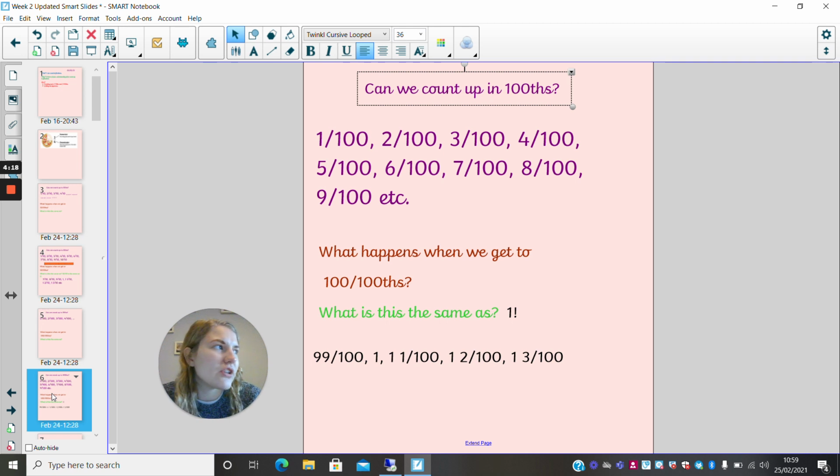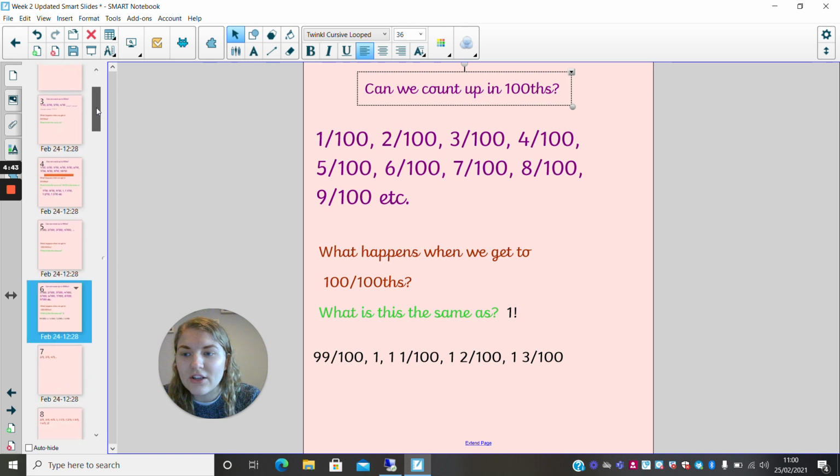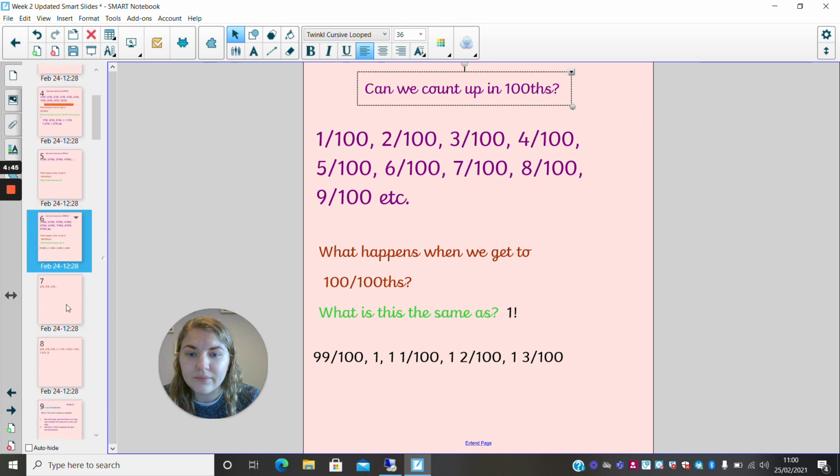So if you had a giant 100 number square, and you've coloured in all 100 of them, that would be the whole number grid coloured in. So it's 1, so have a look down here. At 99 hundredths, 1, and then 1 whole, so a whole grid, and then 1 hundredth, 1 whole and 2 hundredths, 1 whole and 3 hundredths, etc. So it's actually quite simple when you think about it.